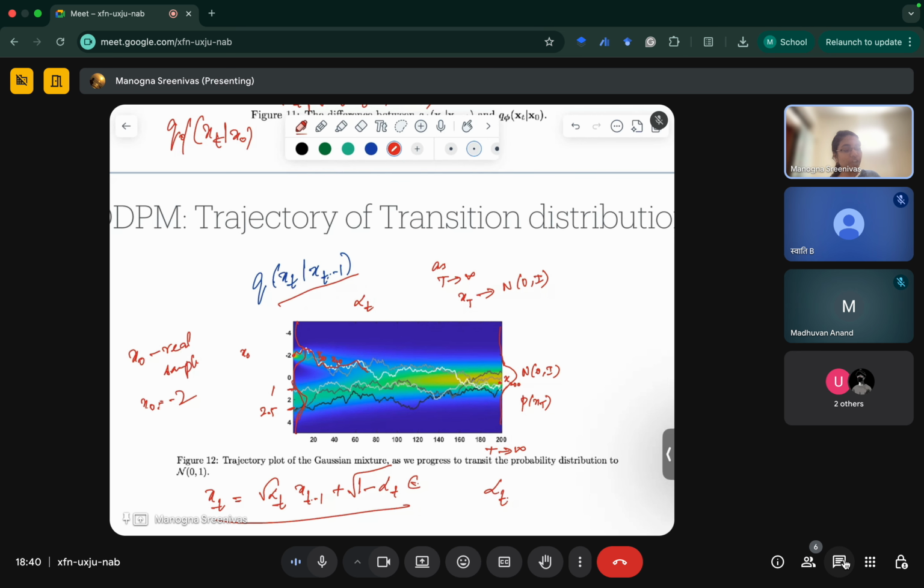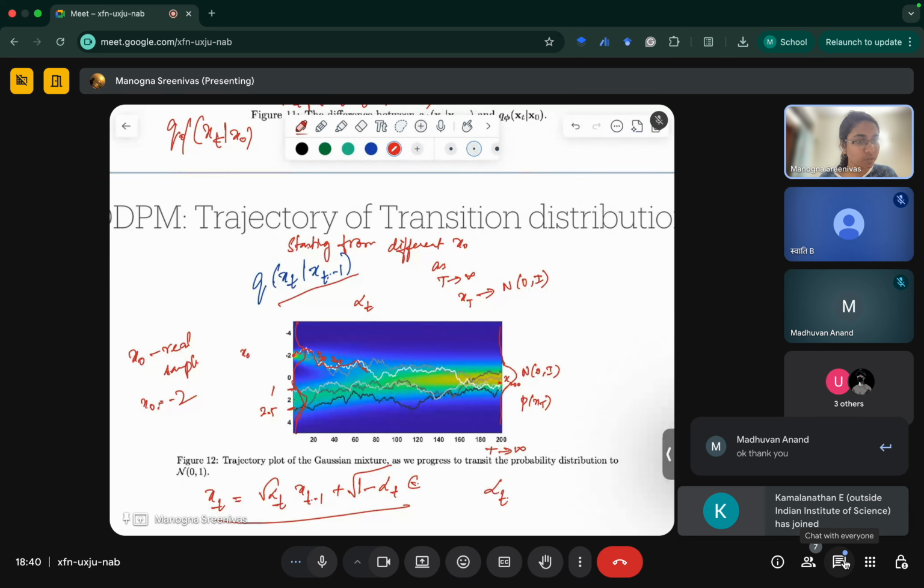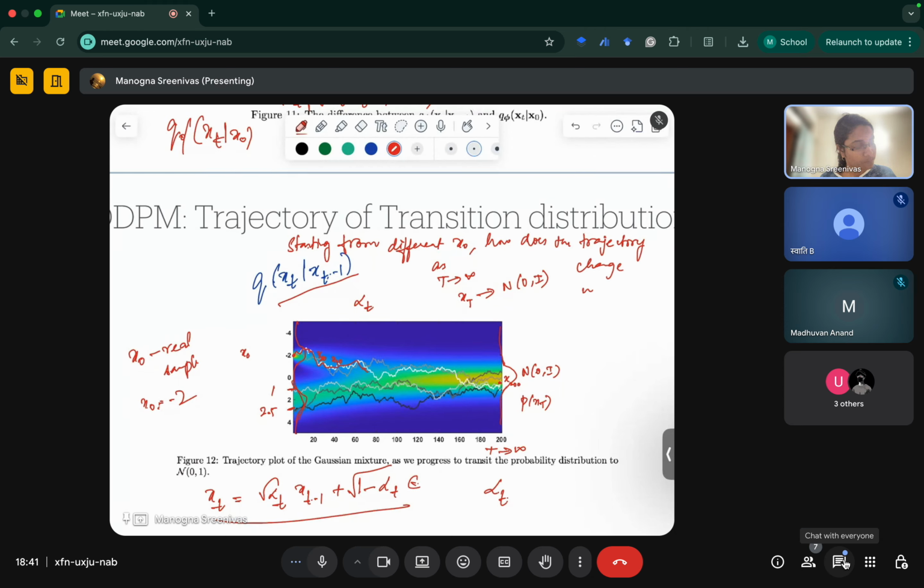So it's like, for different x naught, what will your xt be? How does the trajectory change with t, and eventually converge for large t?